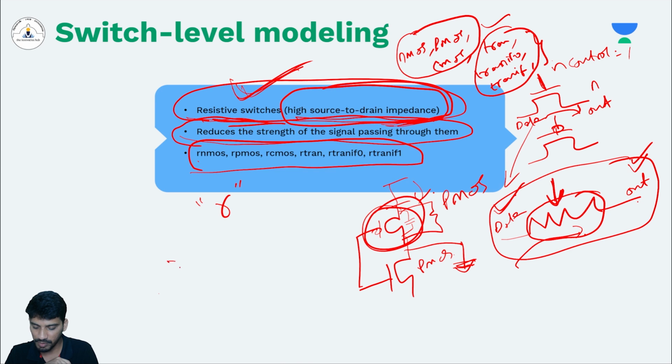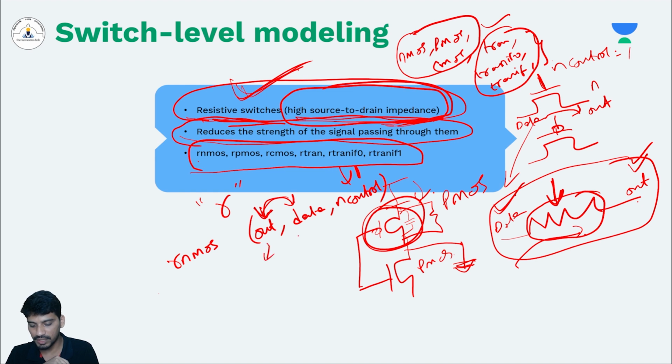And the remaining syntax will be as it is. If you want to call an NMOS resistive switch, write RNMOS, then write output, comma, data, comma, N control. If your N control is 1, then your output will be copied from the data, but the signal strength will be reduced.